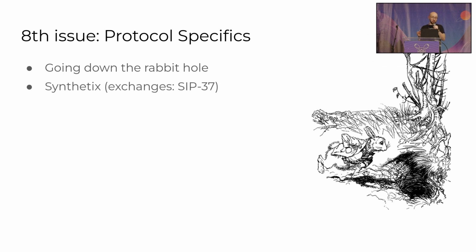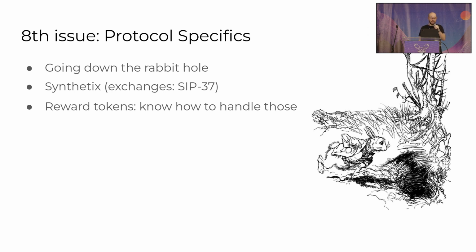Just to give you an example of a really hard protocol to handle, the Synthetix protocol, and the peculiarity that it has for synthetic tokens when they are exchanged. I don't want to get into more details, but it's quite interesting, and we see it really often, people not getting it right.